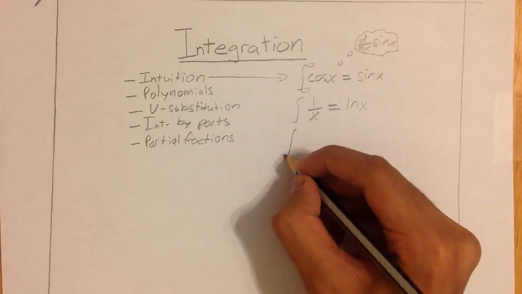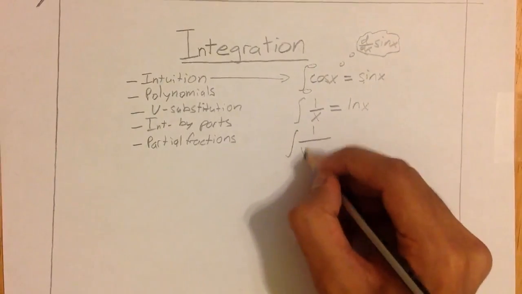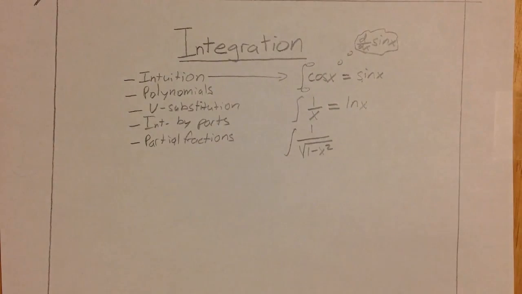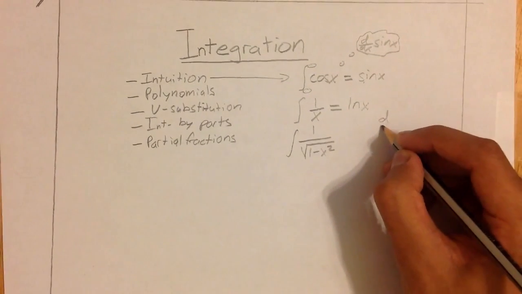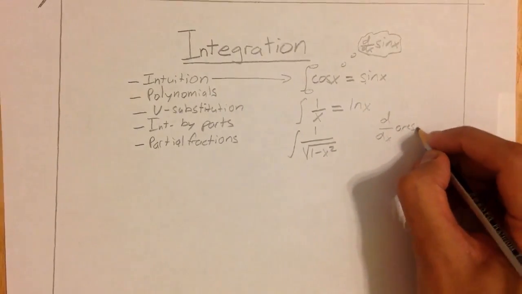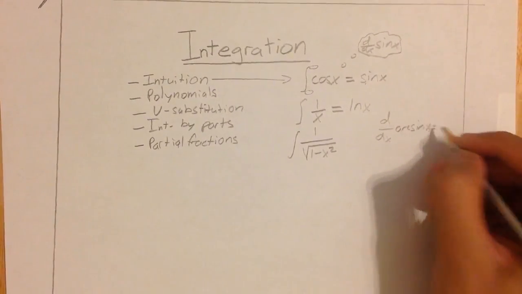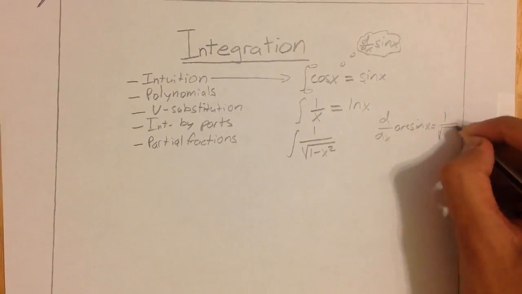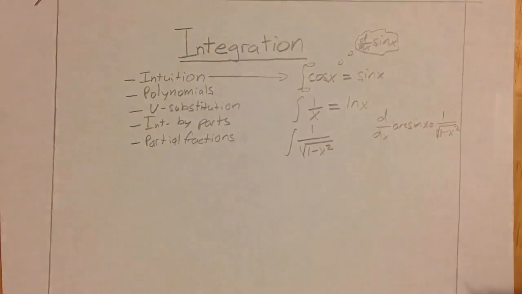Let's say we have the integral of 1 over the square root of 1 minus x squared. This may seem quite intimidating, but we can still use simple methods to find its integral. So now recall that the derivative of the arcsine of x equals 1 over the square root of 1 minus x squared.